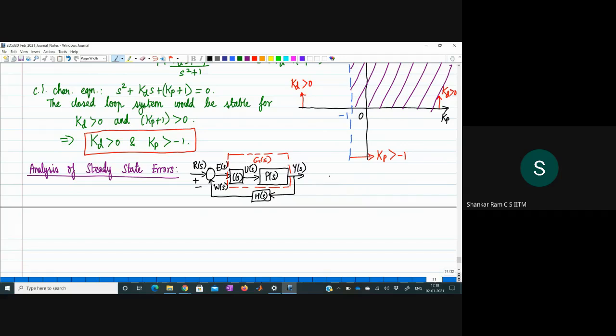Typically the same block diagram is redrawn using this. So you will see an alternative representation of the same block diagram, wherein the closed loop control system will be drawn like this.